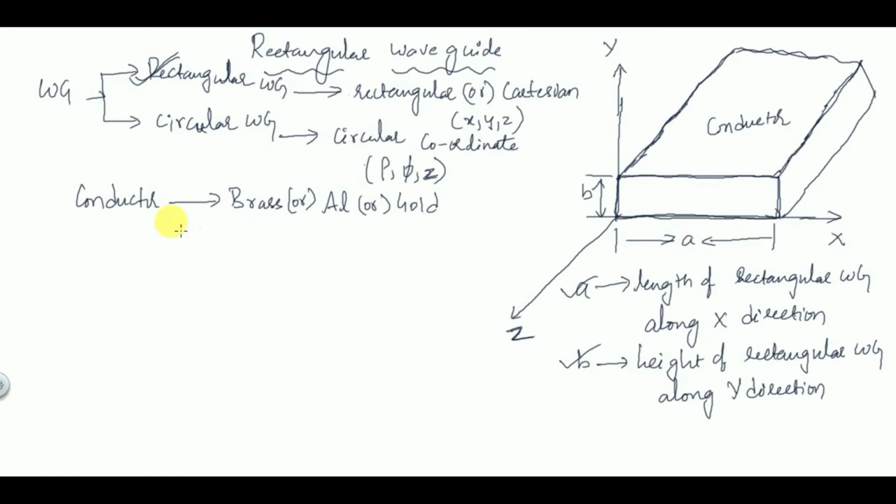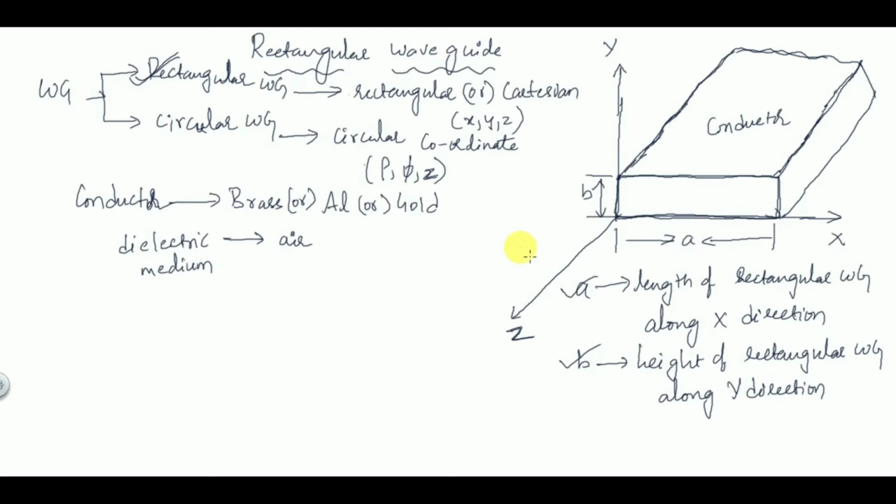Inside there is no dielectric other than air. The dielectric medium is air only. So conductor is made up of brass, aluminium or gold, and dielectric medium is air.